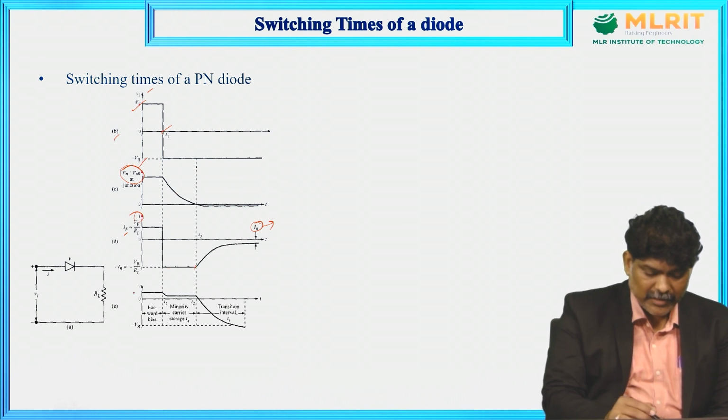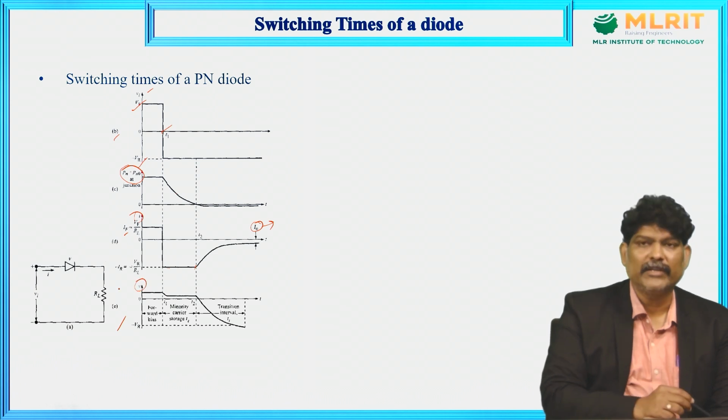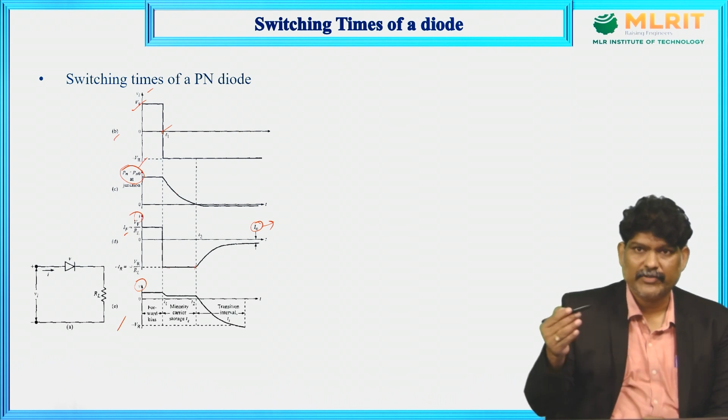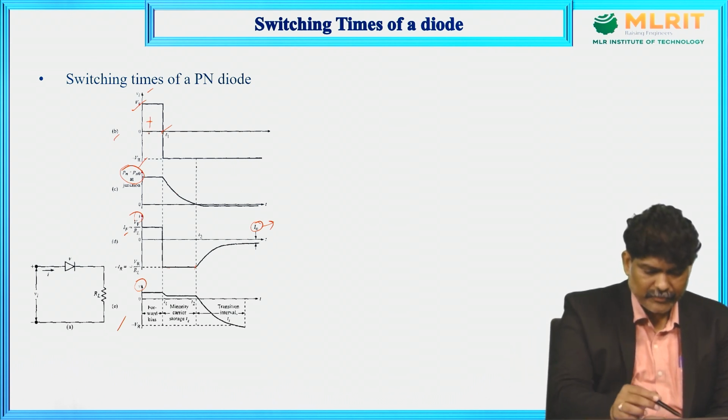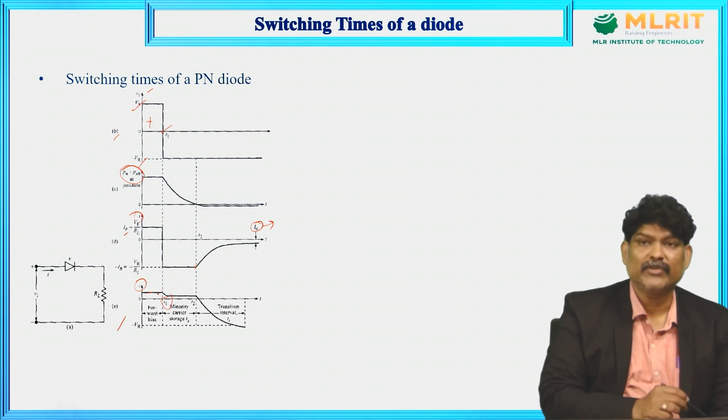The last one is the output voltage after changing the state of a diode from forward bias to reverse bias or reverse bias to forward bias. Here this is positive, and the voltage shows the forward bias voltage, and then the transition time t_t.